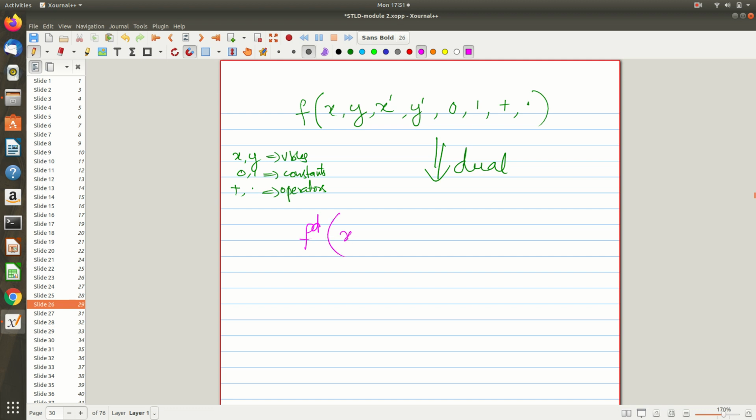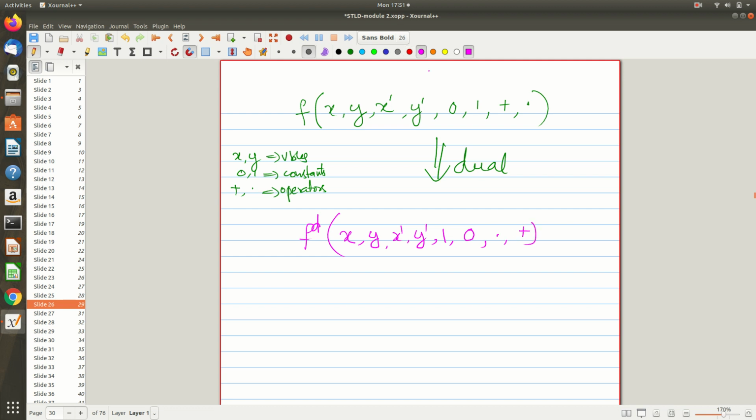See, x no change, y no change, x dash no change. So in the given expression, x, x dash, y dash, all those things stay as they are, but you have to change 0 to 1, 1 has to be changed to 0. Now, plus is to be changed to dot, and dot is to be changed to plus.